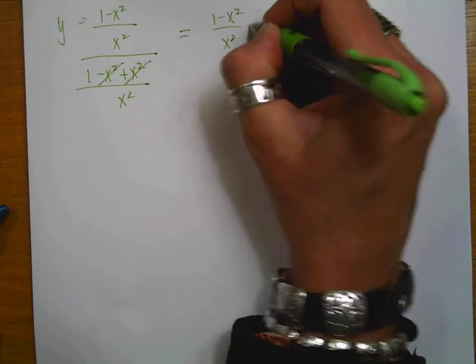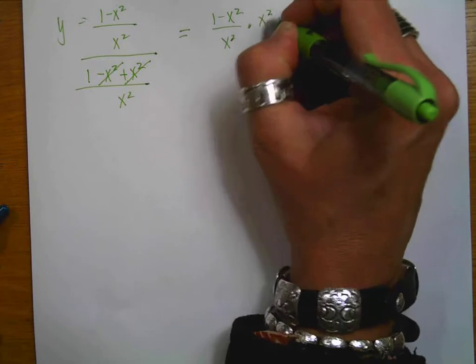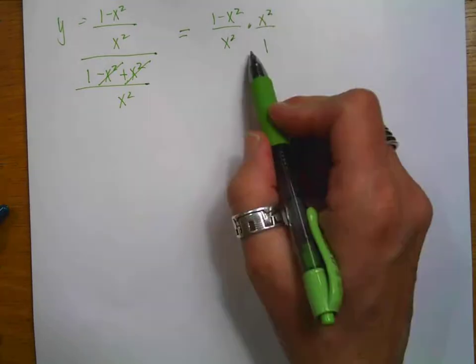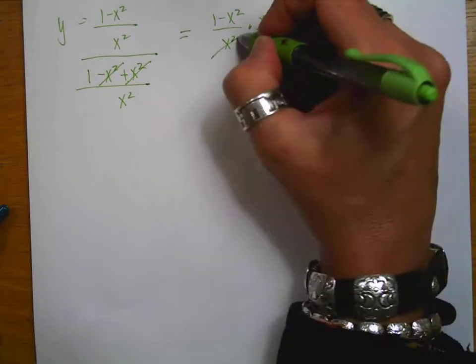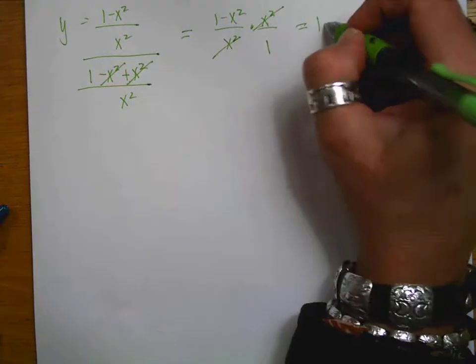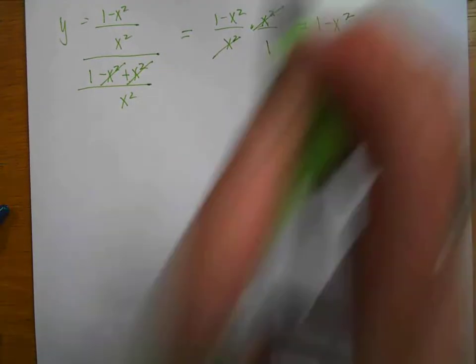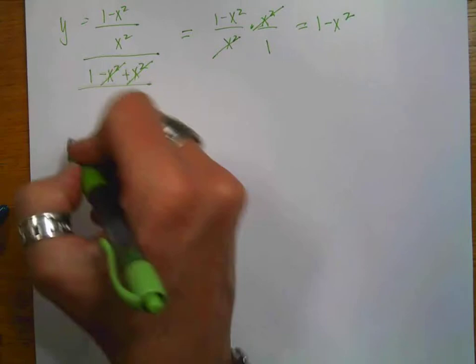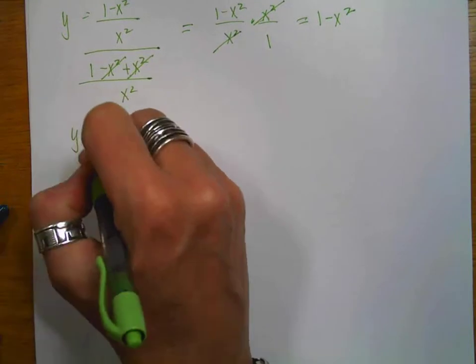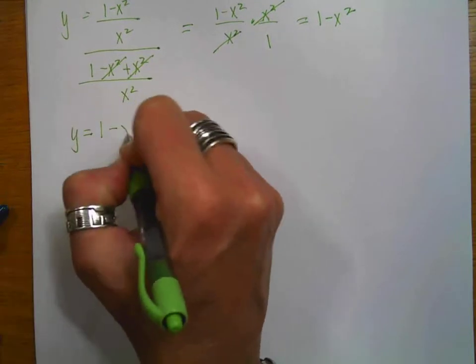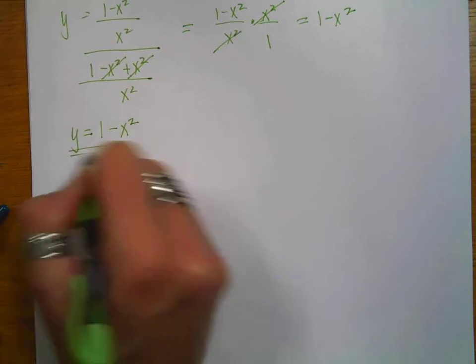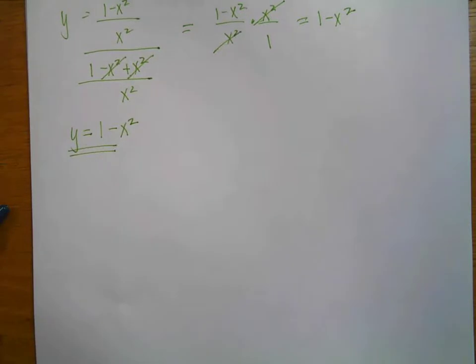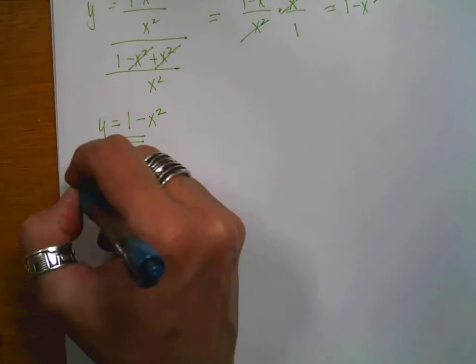So now I have (1 minus x squared) over x squared times x squared over 1. And all I did is multiply by the reciprocal. The x squareds cancel, and so I get 1 minus x squared. So that was a lot of work to get that my equation without a t, with no parameter, is going to be y is equal to 1 minus x squared.